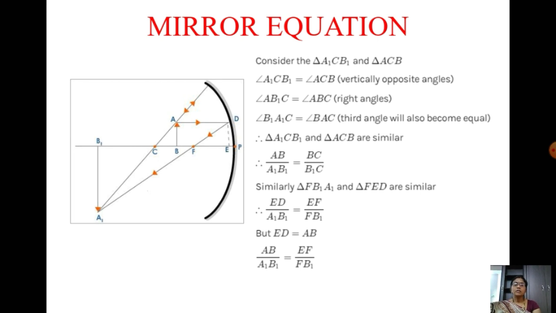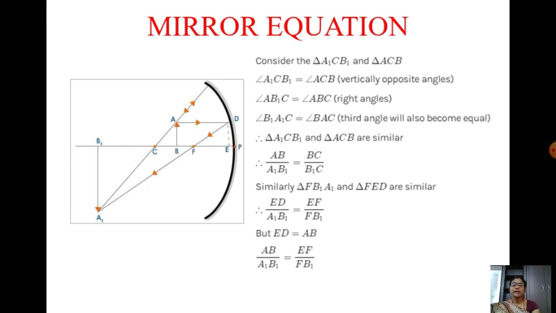Similarly, I can take another triangle: FB1A1 is one triangle and another triangle here is FED. From this similar triangle, again I can take the ratio of the corresponding sides.